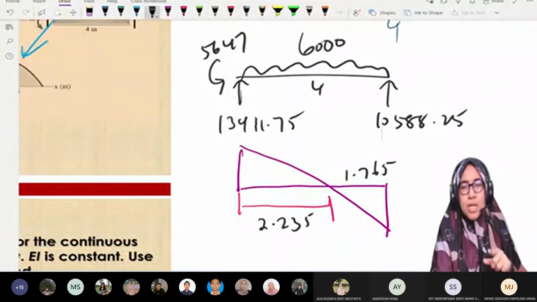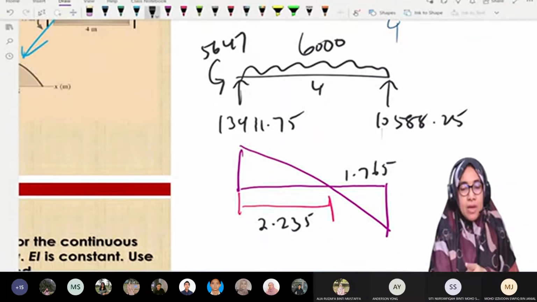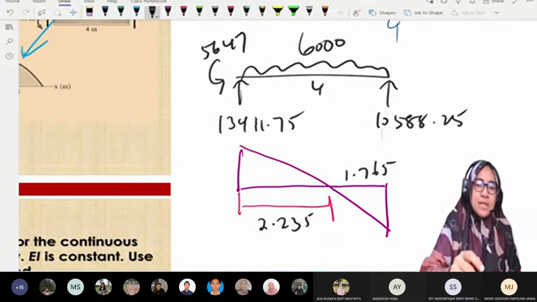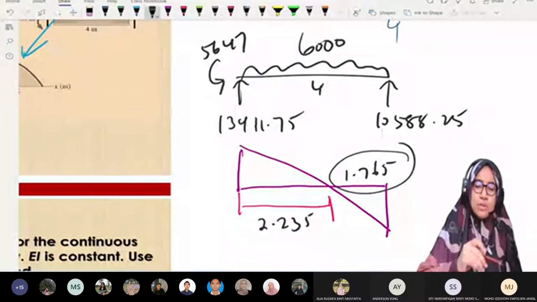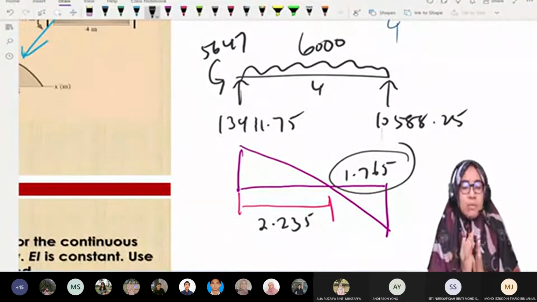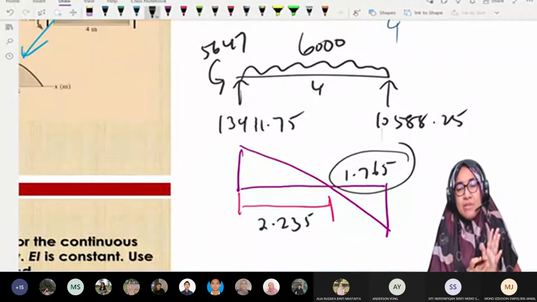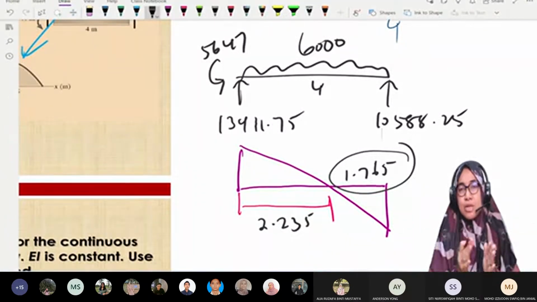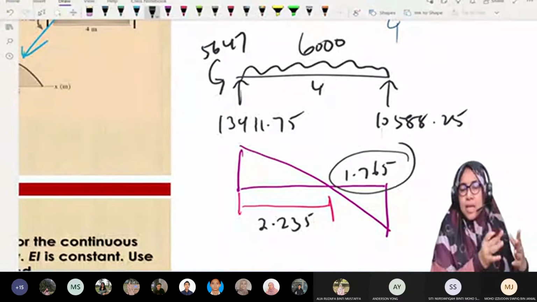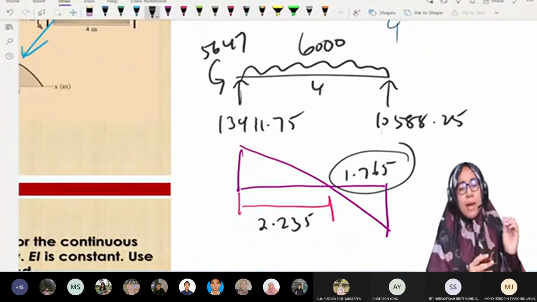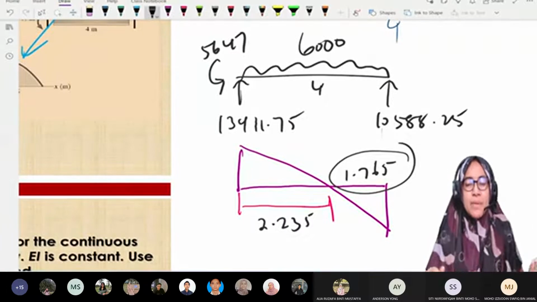You get 2.235. Kalau you nak identify yang ni pun sama juga. It is 10558.25 divided by 6,000. Tapi total will be equal to 4. So dah calculate the other half tu, kita boleh tolak je lah. 4 minus 2.235, we get 1.765.